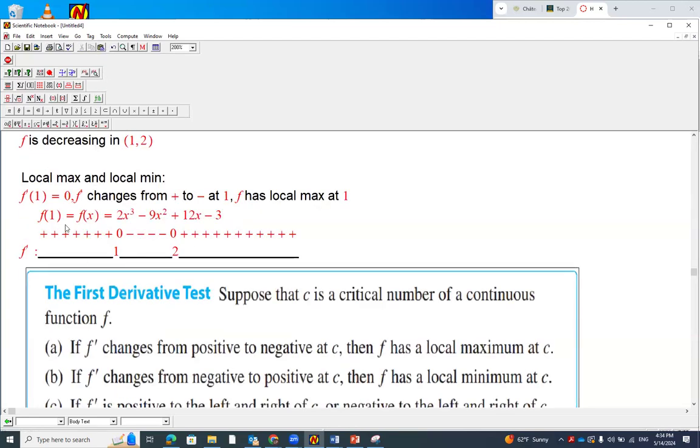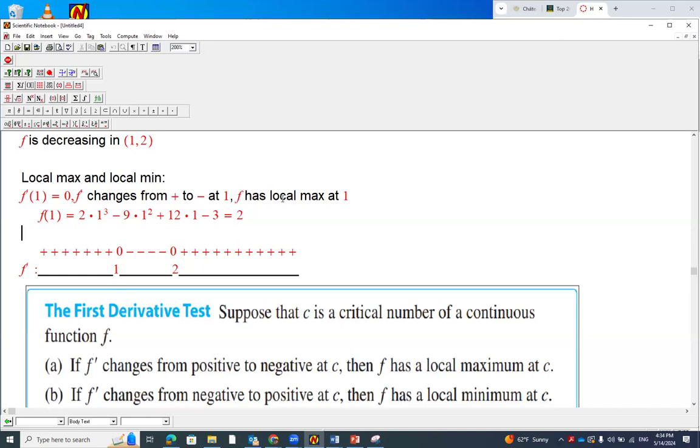Right there, right? And you plug in the critical number 1 in place of x, and you calculate. We get 2.